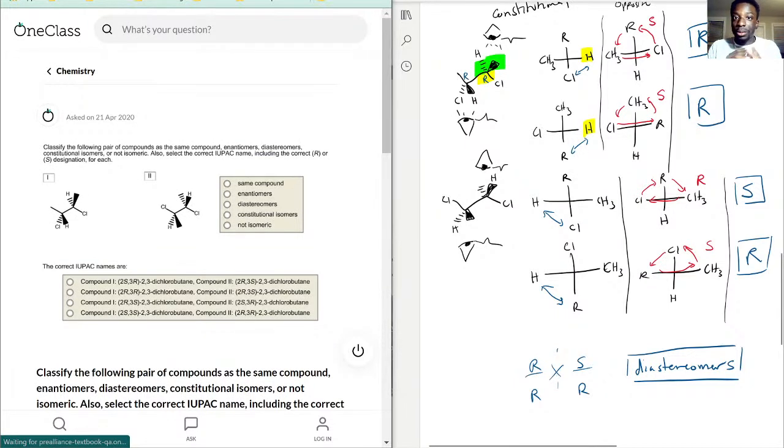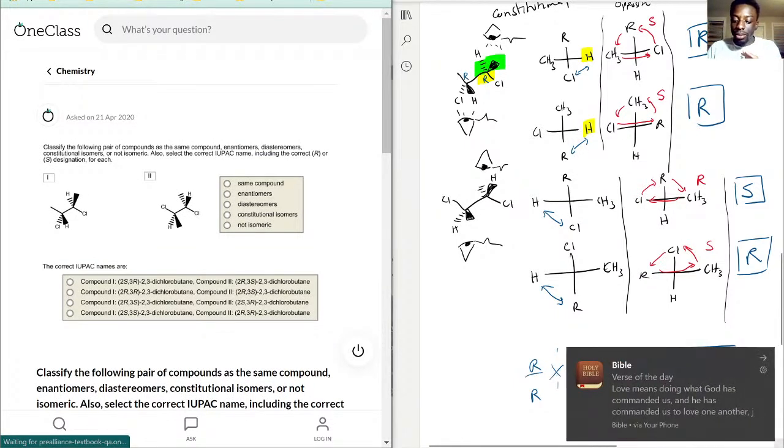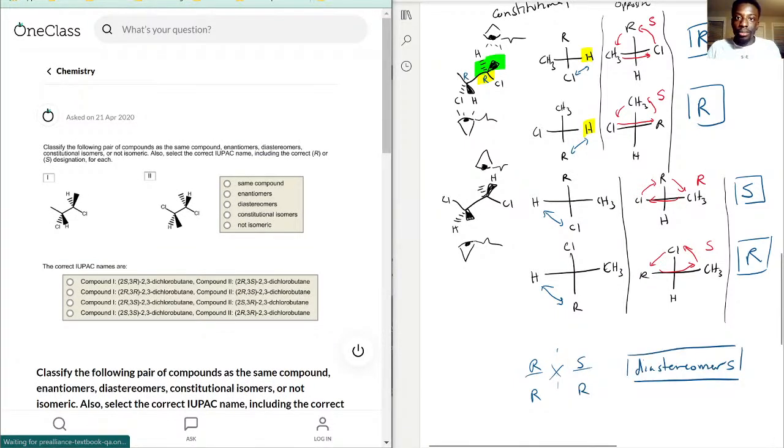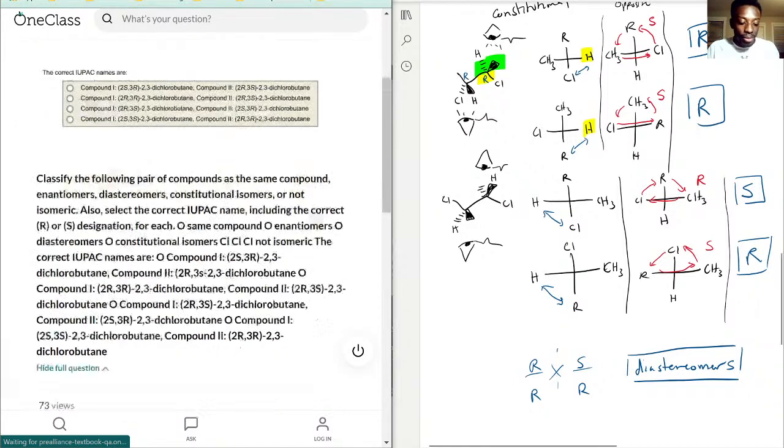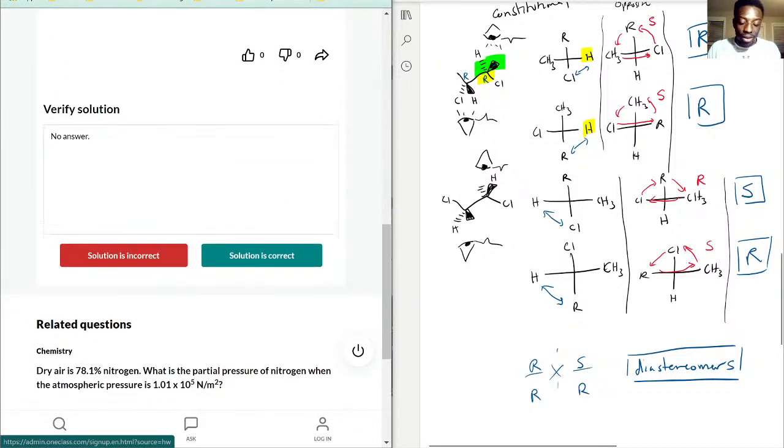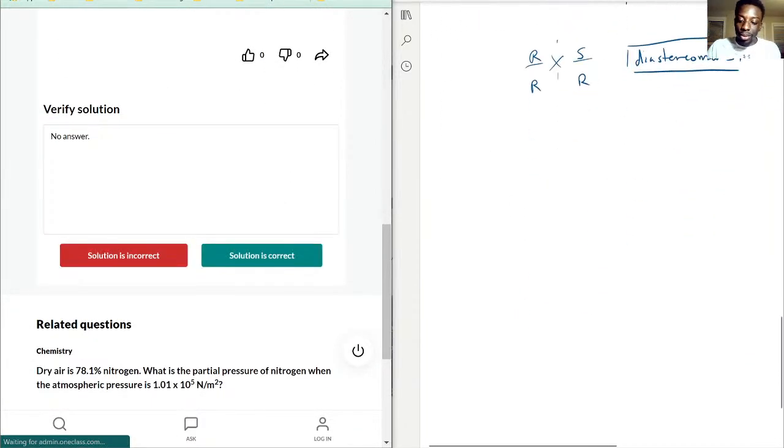If you definitely need more explanation on how to do specifically the chirality, click on the link in the description below because we have wonderful tutors here and we can definitely further explain how we even get to the point of assigning whether it's R or S. Okay? All right. Now let's move on to question 4.